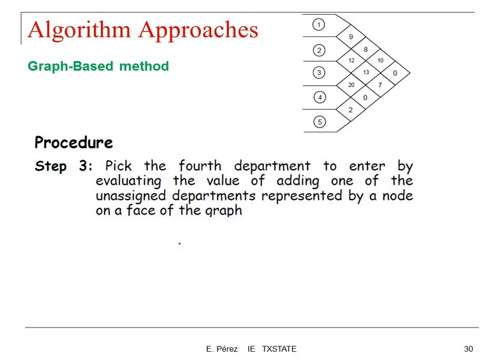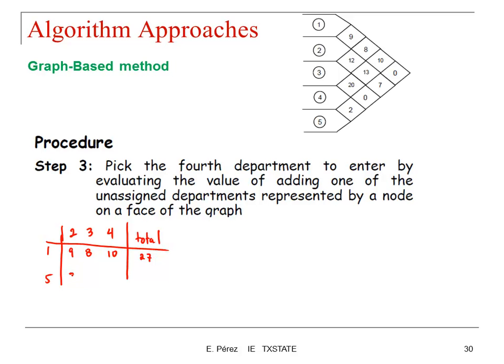So we're going to pick the next department to enter by evaluating the value of adding one of the unassigned departments represented by a node on a face of the graph. So step 3, now we have 1 and 5, and 2, 3, and 4. And we have the total. From 1 to 2 we have 9. 1 to 3 we have 8. And from 1 to 4 we have 10. So that gives us a total of 27.